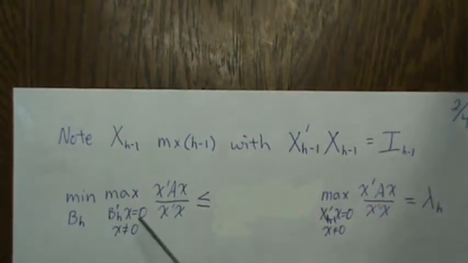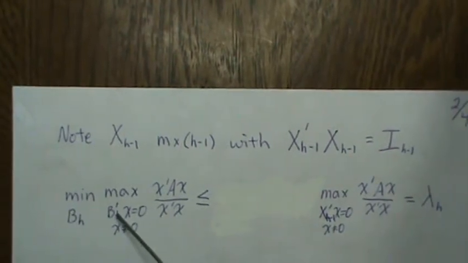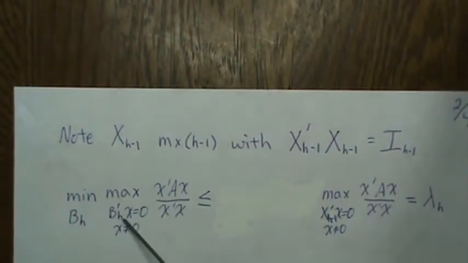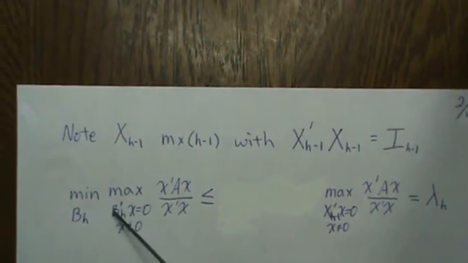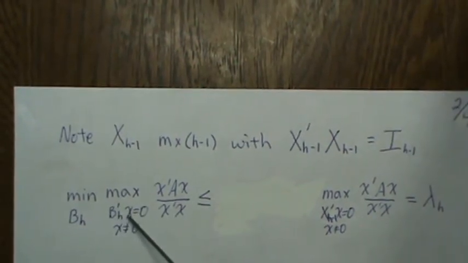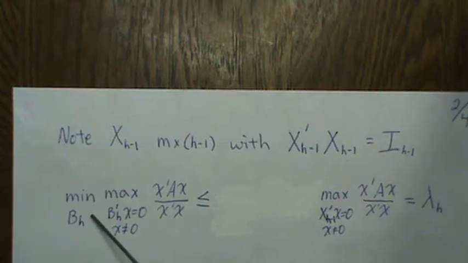Okay, so if we take one of these B_h that fits the requirement, and we don't look at all the rest, that particular case has to be greater than if we look at all the other possible values and take the minimum.